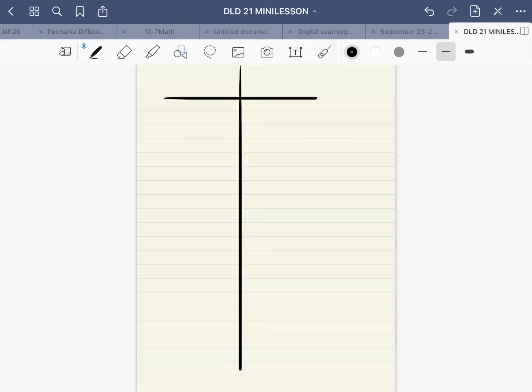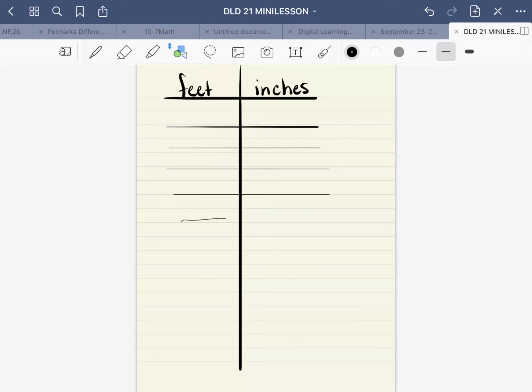I'm going to label it just like I did the one on the other slide. Again, I'm going to draw this line and leave the space here. And then I'm going to draw some lines on down here so that you can see this. Probably not going to need this many lines, but I'm drawing them nonetheless so that you can see it.